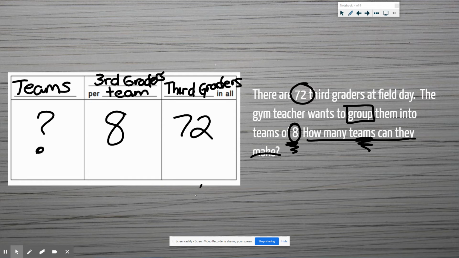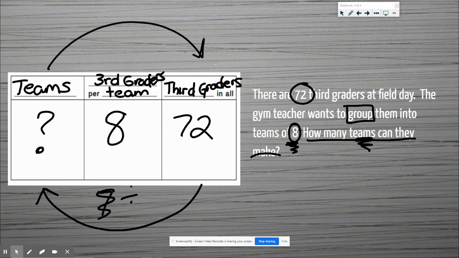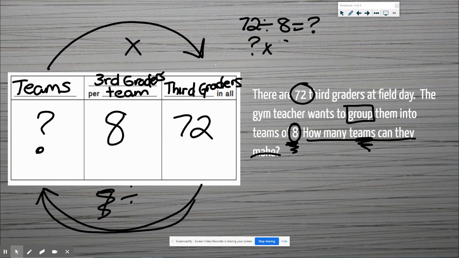So remember, going from the all to the other numbers, we're going to have division. I want to go this way, multiplication. So my first number sentence, I'm going to do 72 divided by 8 equals something. Multiplying, it would be something times 8 equals 72.